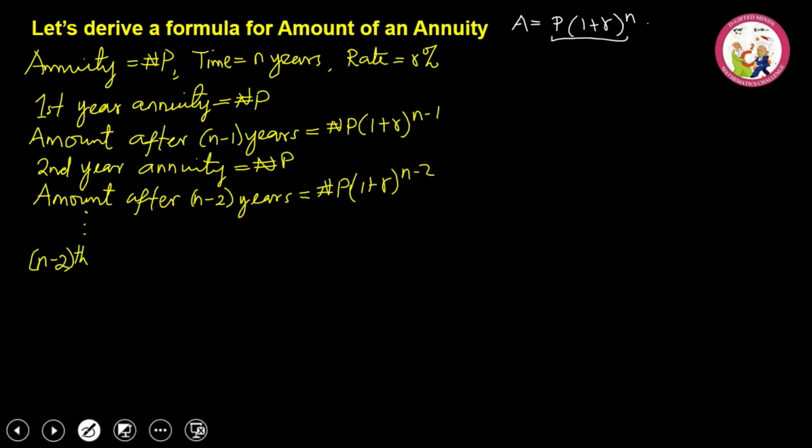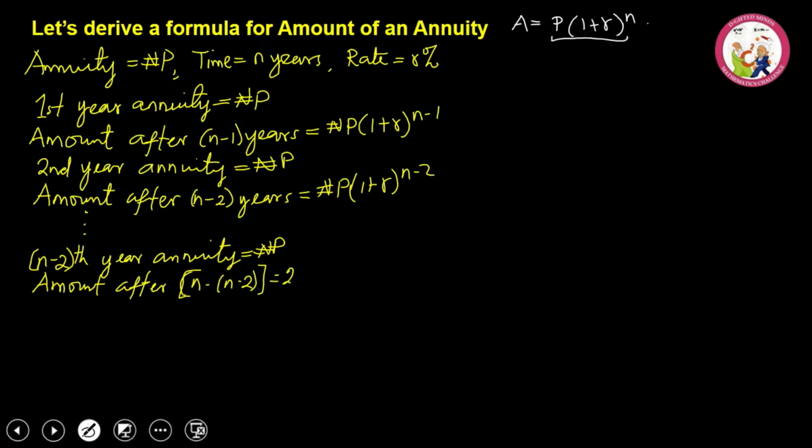Okay, at the end of n minus 2 years, all right, you receive an annuity of the same amount, P naira, so that when you invest this particular annuity again, the amount you receive after n minus (n minus 2) years, which is actually after 2 years, because when you open the bracket, n minus n is 0 and minus times minus is plus, will be equal to P naira times 1 plus R raised to power 2.